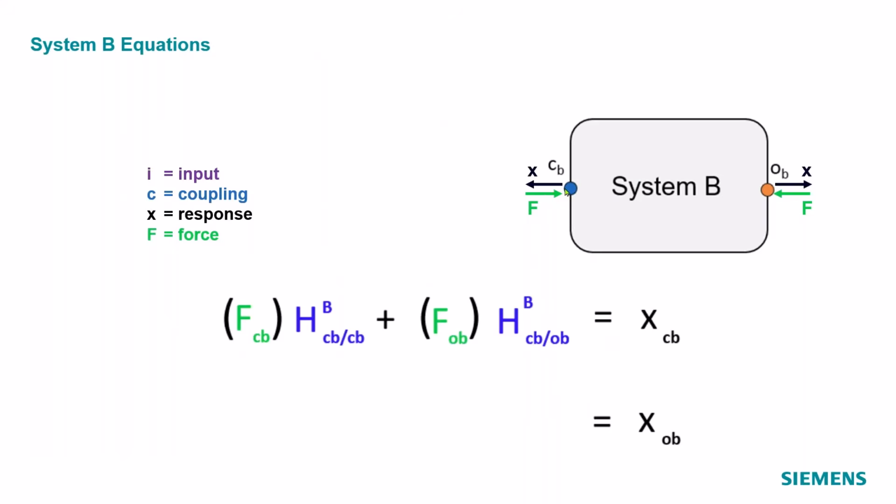So for CB, F times CB local plus this force times the cross FRF this direction gives us this response at the coupling location. Then we take this FCB times the cross term plus the F at OB times its local FRF. So that's the response at the coupling and the output for System B.